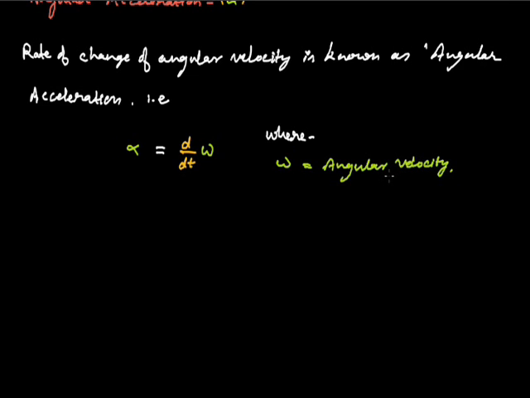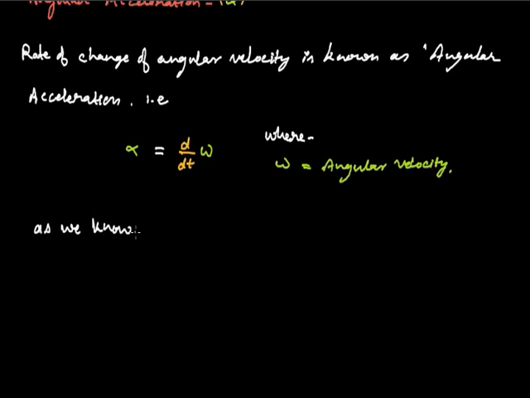As in linear motion, the rate of change of linear velocity is known as linear acceleration. Similarly, the rate of change of angular velocity is known as angular acceleration. And thus there is a relation between linear and angular acceleration.